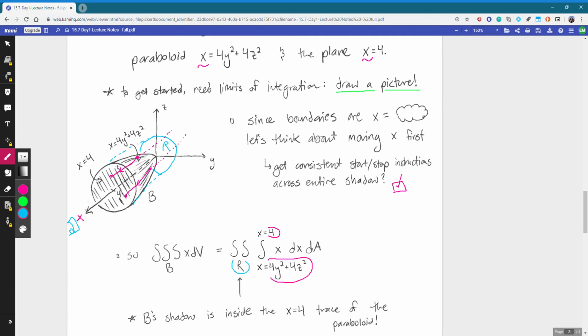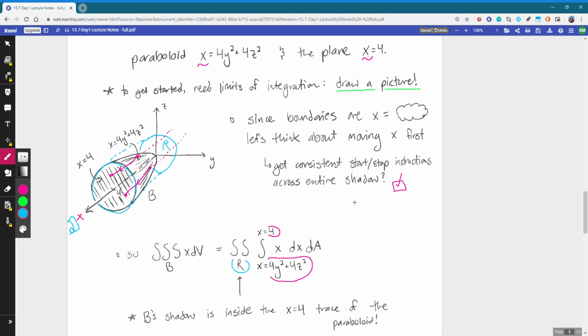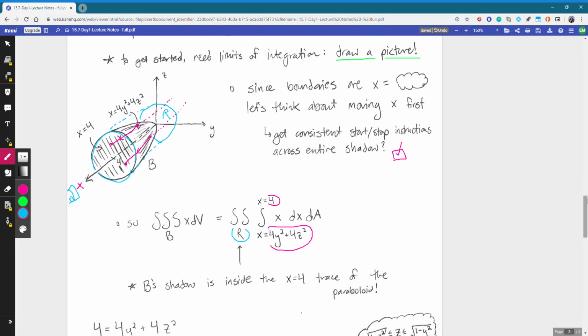In other words, this outside edge is coming from the x equals 4 trace of our paraboloid. So we just need to figure out what that trace is at x equals 4. That will give us the outside edge for our region. To figure out the trace at x equals 4, we just need to take the 4 and pop it in for the variable there.